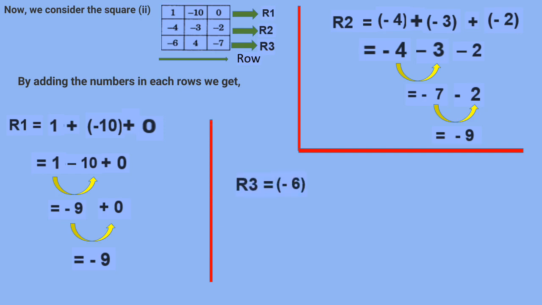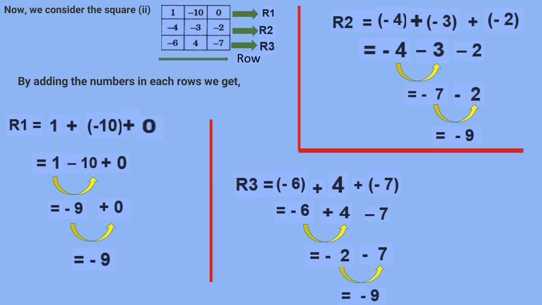In row 3, I will write as it is. The next line I will remove the brackets. The next step I will solve one by one. Here also I got minus 9. So for rows I got minus 9.